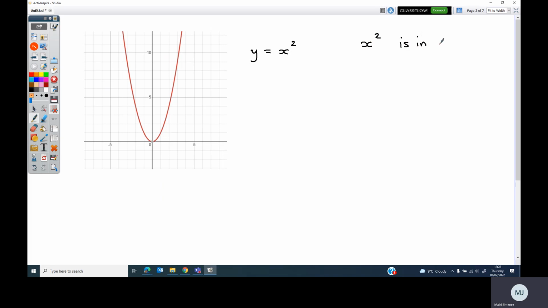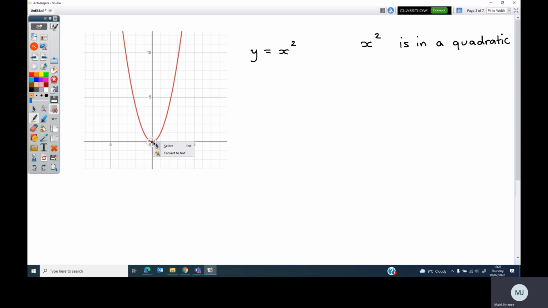So if you see an equation or a function with x squared, even if it has some other things, it's a quadratic. So we're going to look at the coordinates of the red curve.